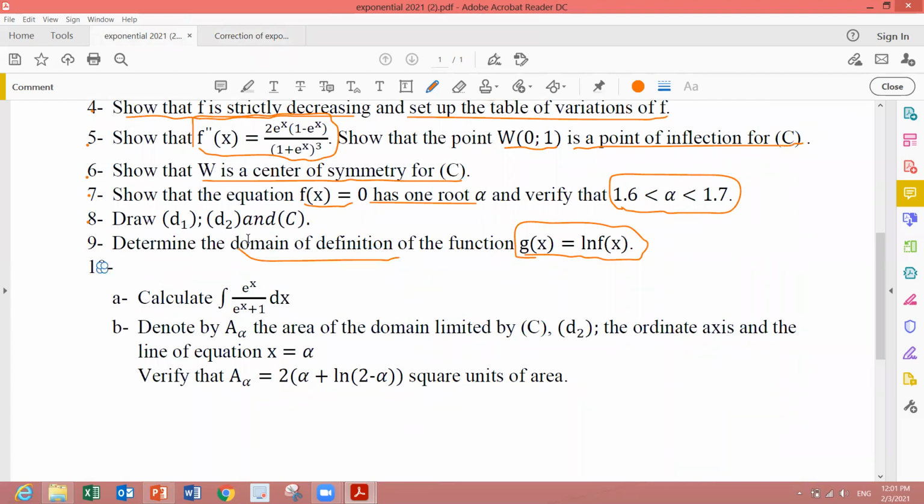Then, part A, calculate the integral of e to the x over e to the x plus 1 dx. It is of the form du over u, and e to the x dx is du. du over u equals ln u.